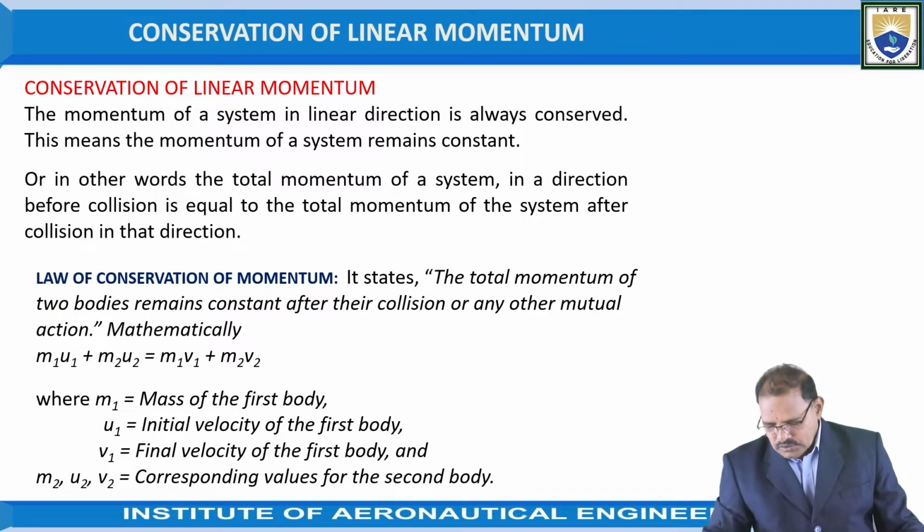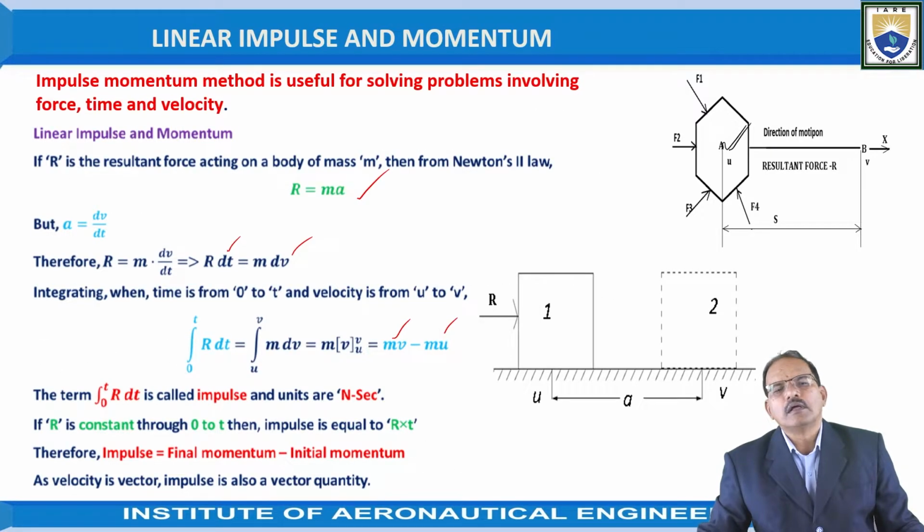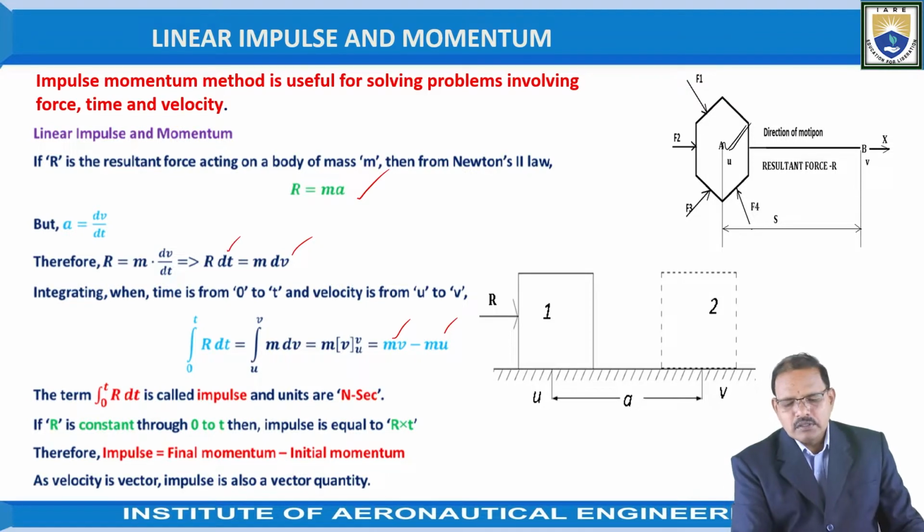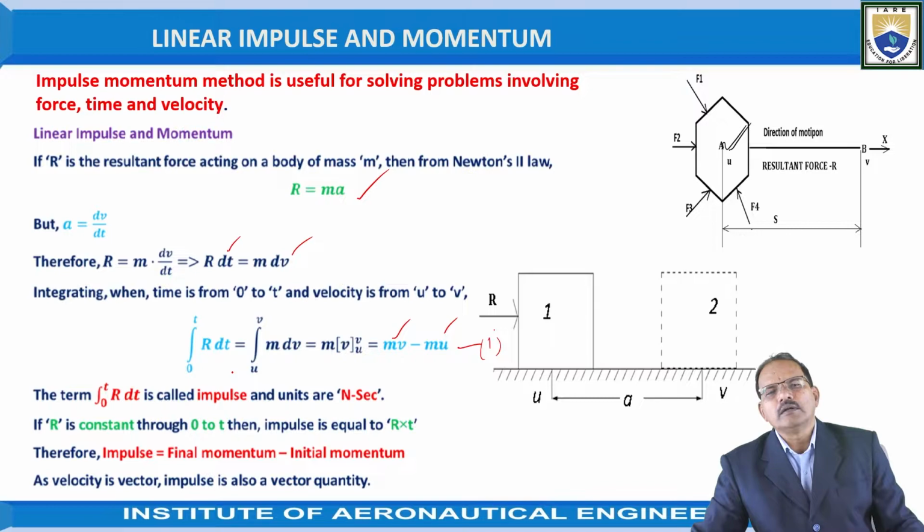If the resultant force acting on the body is equal to 0, that is, in these equations the integral of R dt from 0 to t equals mv minus mu, and R is equal to 0, then we can say mv minus mu is equal to 0, or mv is equal to mu.